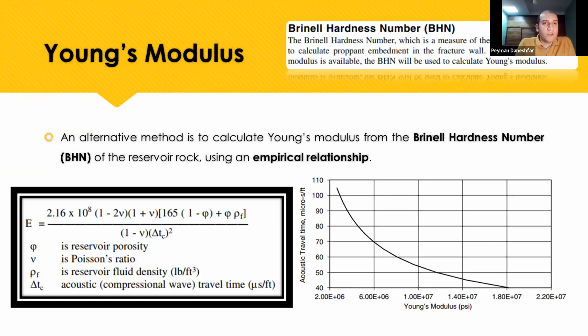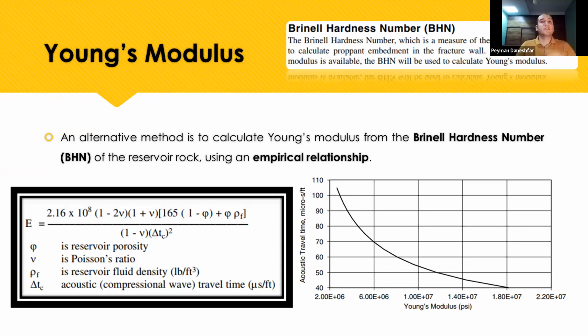Another thing: when we want to find the Young modulus, we can use the Brinell hardness number. What is the Brinell hardness number? The Brinell hardness number, which is a measure of the rock's hardness, is used to calculate proppant embedment in the fracture. If no value for Young's modulus is available, the BHN will be used to calculate the Young modulus.